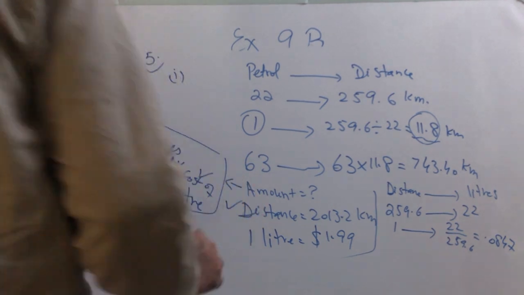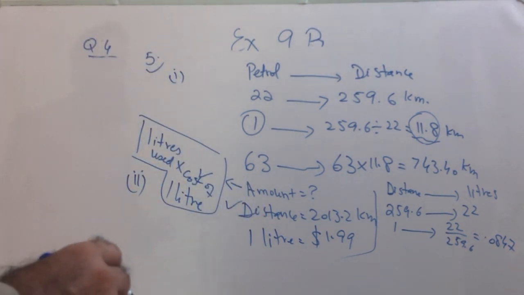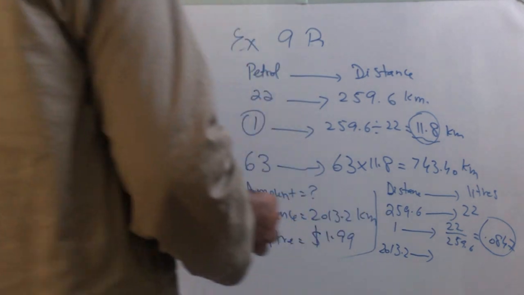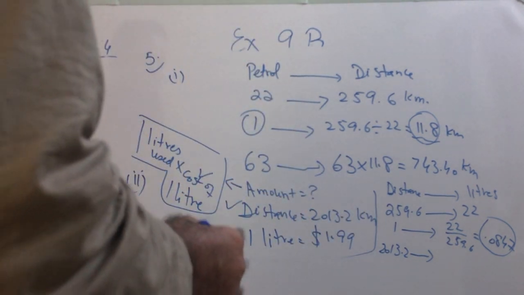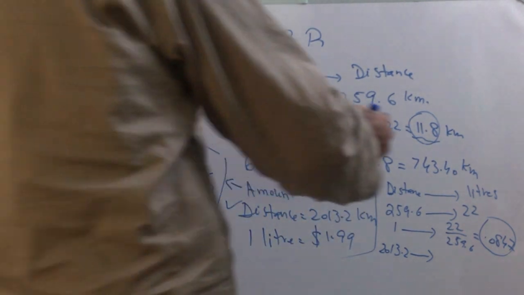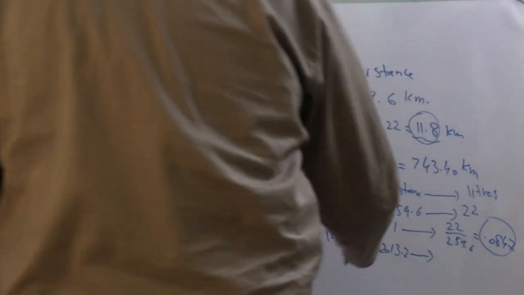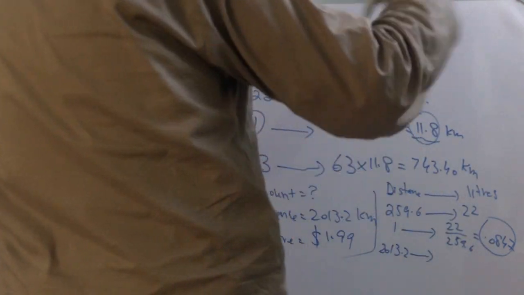Here we have 2013.2 kilometers to travel. Liters used will be this for 1 kilometer, so if we go this much distance, more liters will be used.